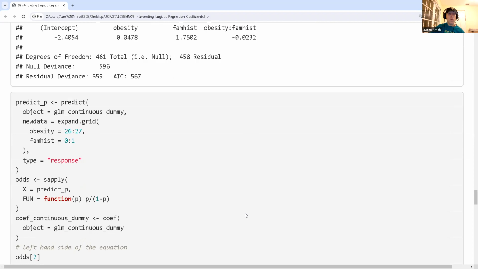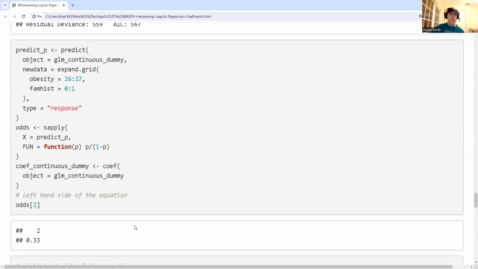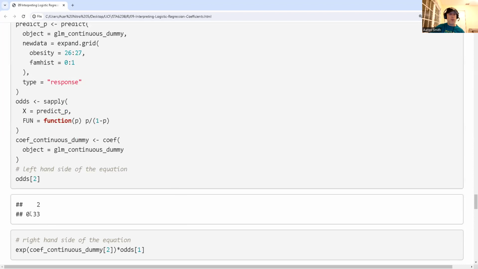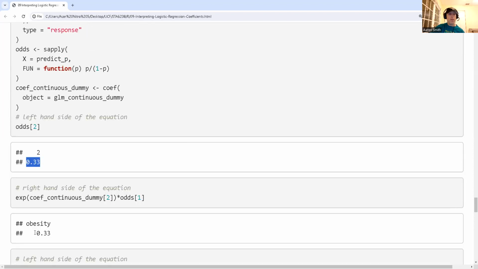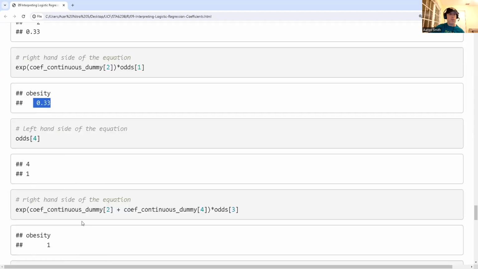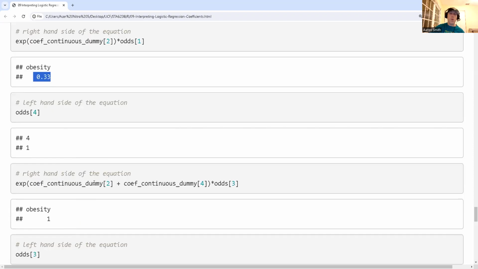All right, so let's go ahead and verify this. So I'm going to do the left-hand side of the equation I have above. With that, I get 0.33. And if I do the right-hand side of the equation computation, we see we get 0.33. Now here we're going in the other direction.